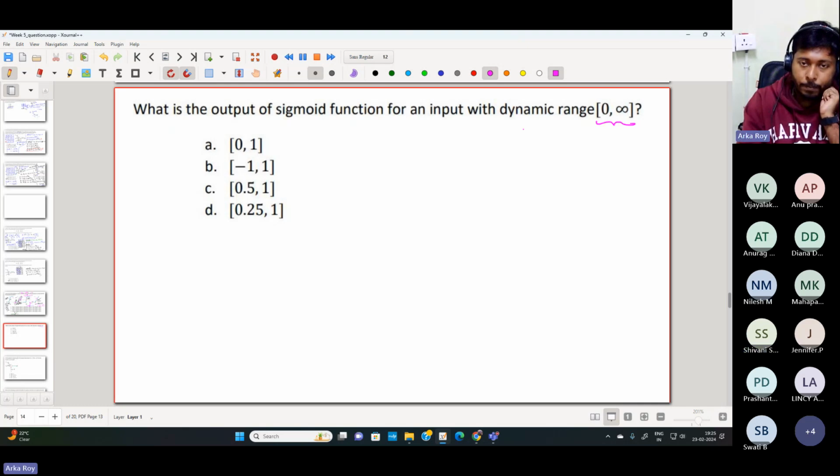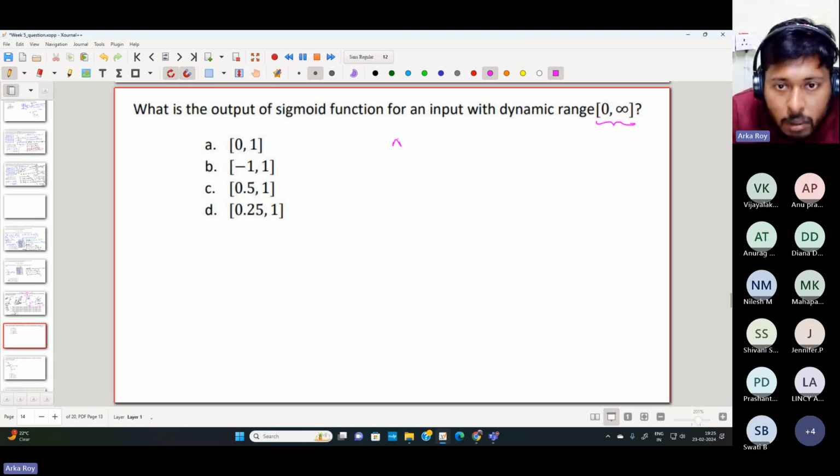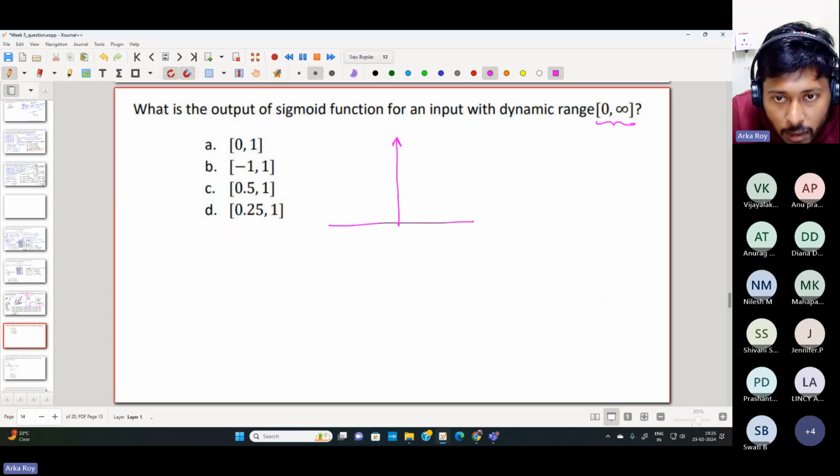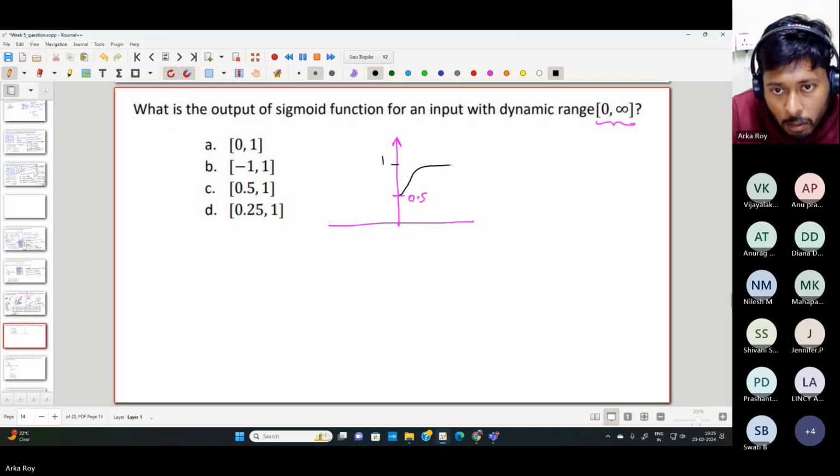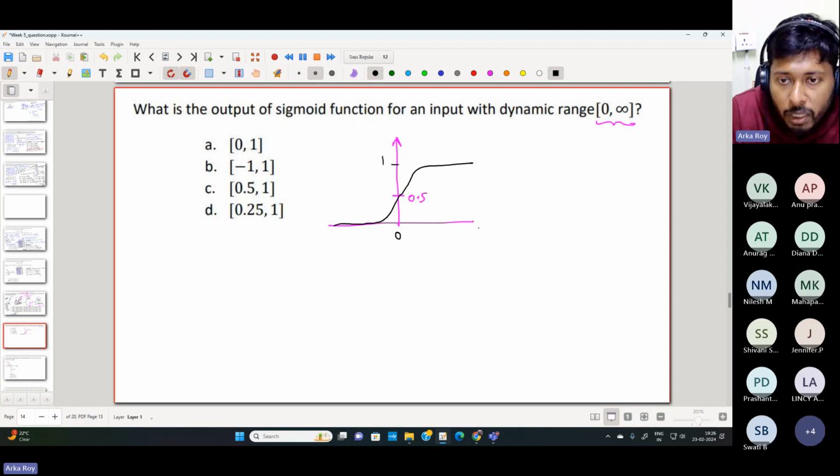Yeah, 0.5 to 1, because the sigmoid function looks like this, and this is 1. You've been asked to move from 0 to infinity. At 0, the value is 0.5. At infinity, the value will be 1. So therefore, the range will be 0.5 to 1.